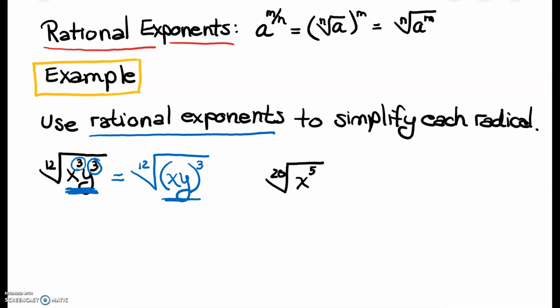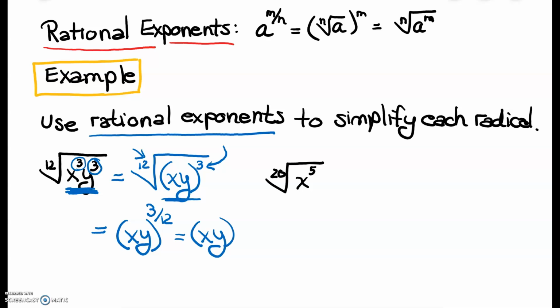So now I'm going to go ahead and change this to rational exponents. So x and y are my base. My numerator is my power. My denominator is my index. And you notice that 3/12 simplifies.